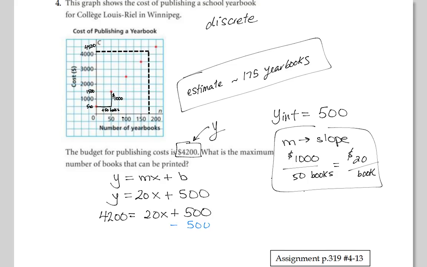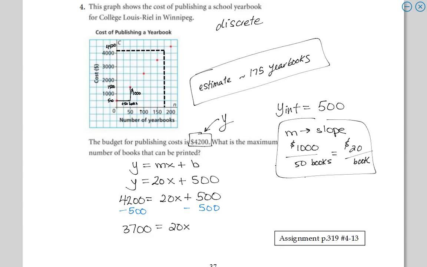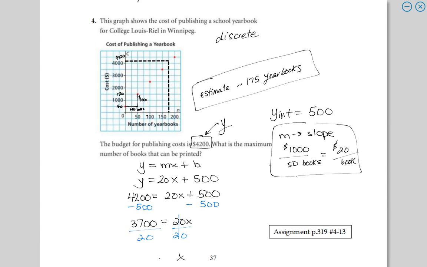Subtract 500 to isolate the term x. 4,200 take away 500 is 3,700. And now last step, just divide by the 20. And I'll see how good my estimate was. 185. So I was close.